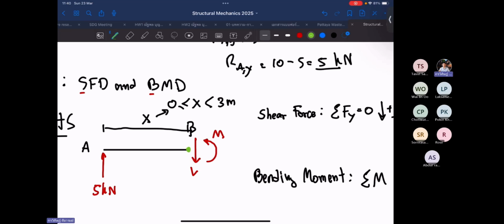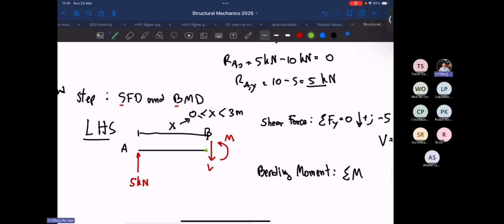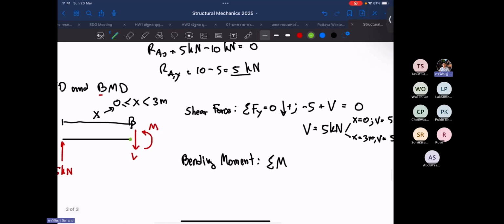But left side or right side will result in the same. I typically use the right-hand side point at the origin, but you can use the left-hand side. You will get the same diagram.